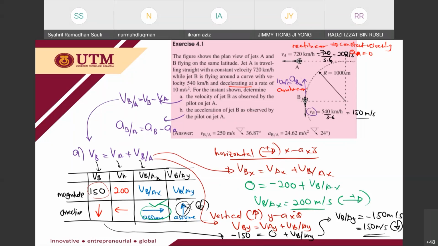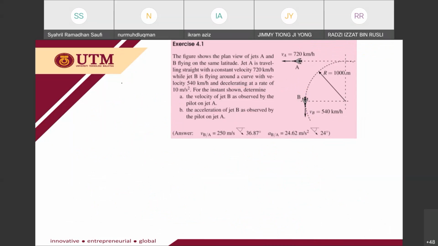Then I just use the Pythagoras method. So this one is VBAX 200, and here is VBAY 150. The direction is always measured from the horizontal component.